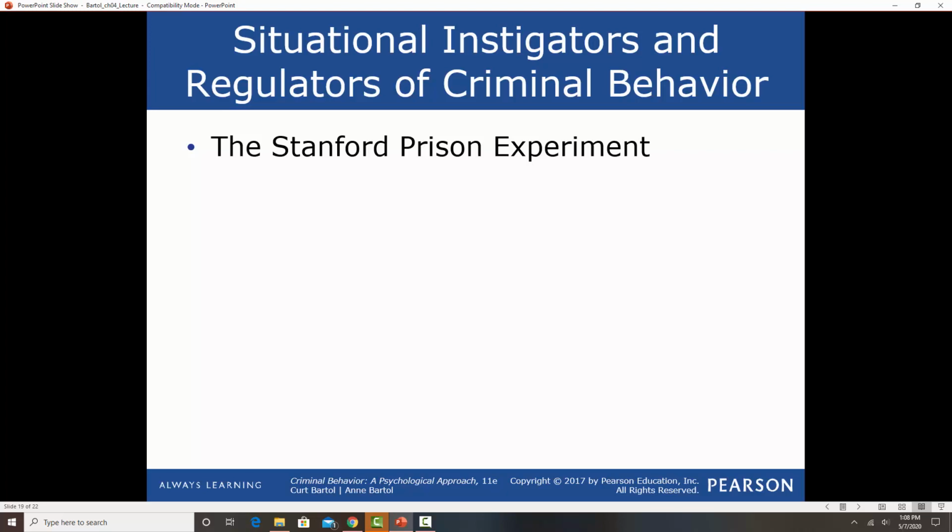But what he found was that we can't minimize the power of situational factors, that when we get in certain situations, we can kind of divorce ourselves from our regular personality and our regular constraints, and we can find ourselves engaging in behaviors that are really not like us normally. So situational factors can cause us to engage in behaviors that we normally wouldn't engage in.